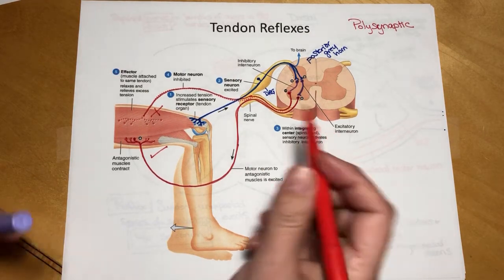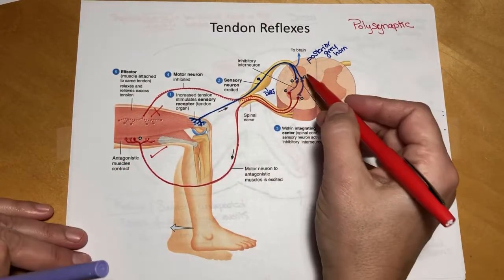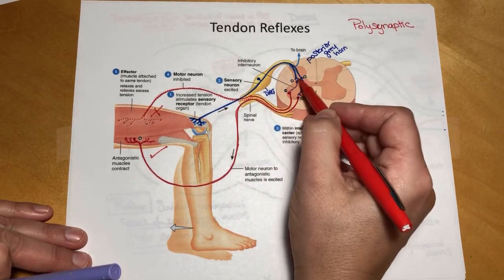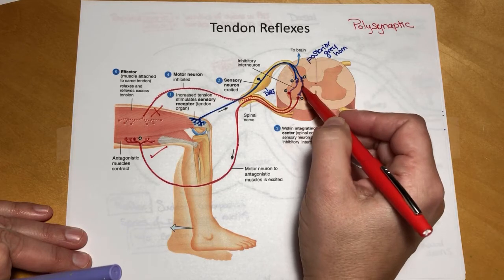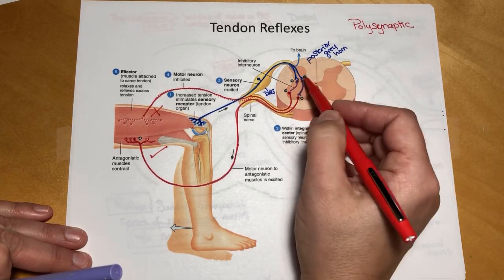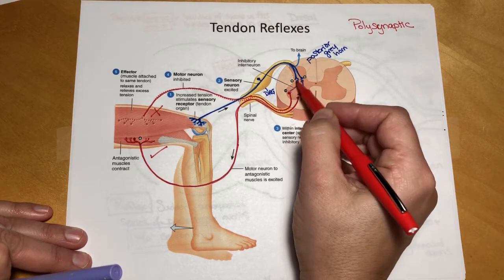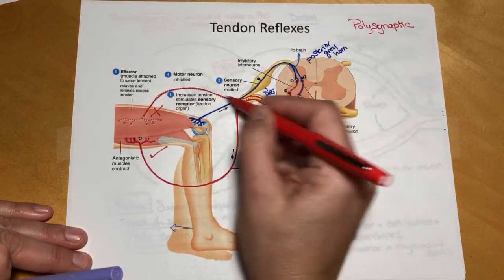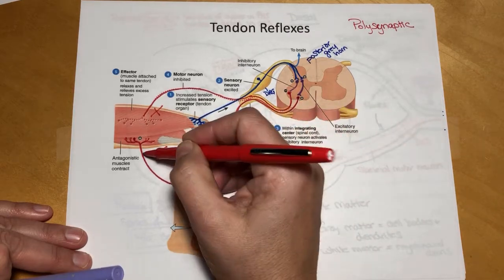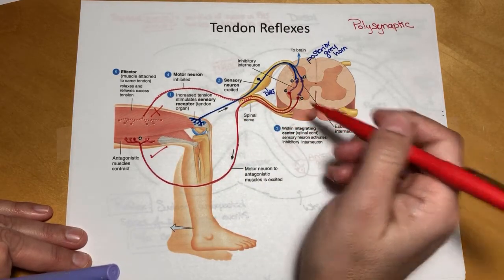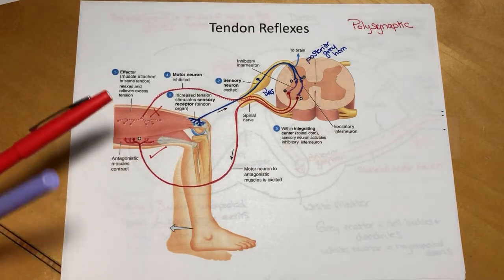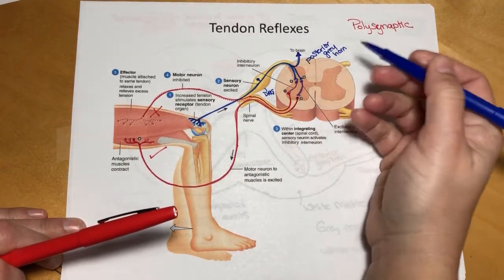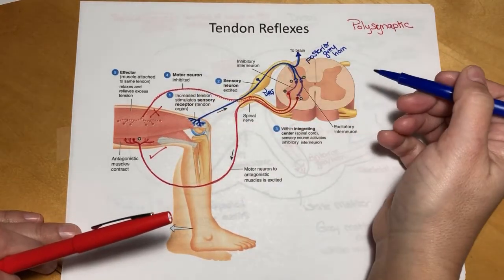Now what you notice here is that we have one sensory neuron coming in, branching off, splitting into positive, excitatory, and negative or inhibitory interneurons, and then both of those are going out and either inhibiting muscle contraction or signaling muscle contraction. At the same time, this information is also going up to the brain. So the brain is not actually involved in running this.